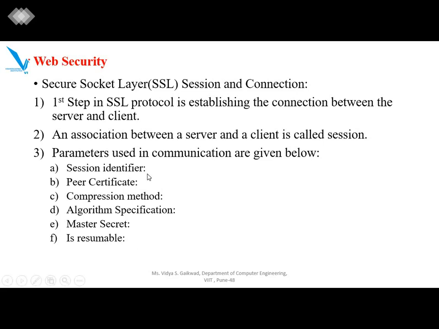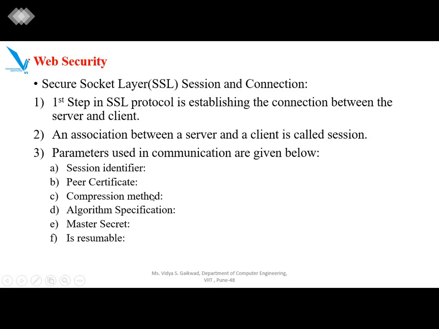Session identifier. The identifier is generated by the server and it is used for identifying a session with a respective client. Peer certificate. An X.509 certificate is used for authentication. Compression method.